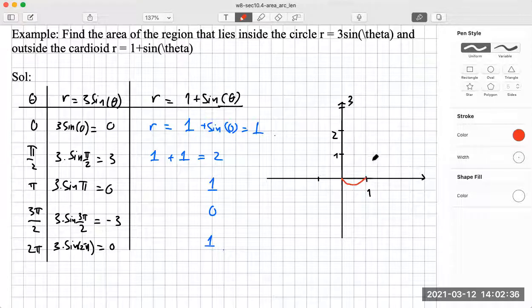At pi over 4 it is more than 1, so it should be larger somewhere here.